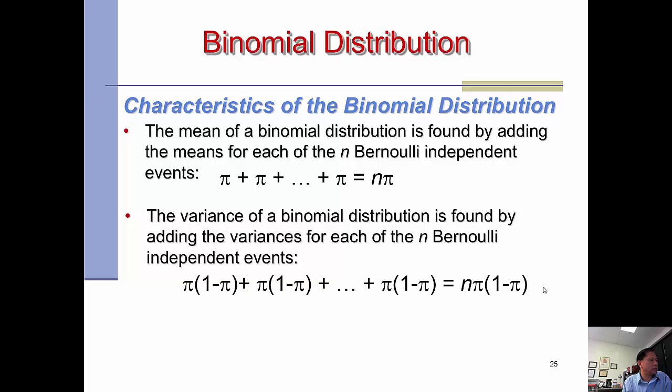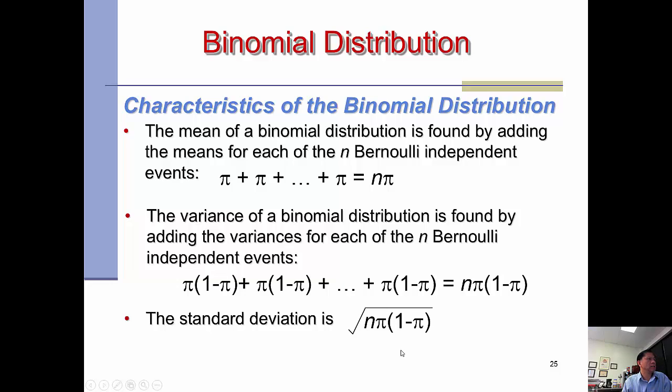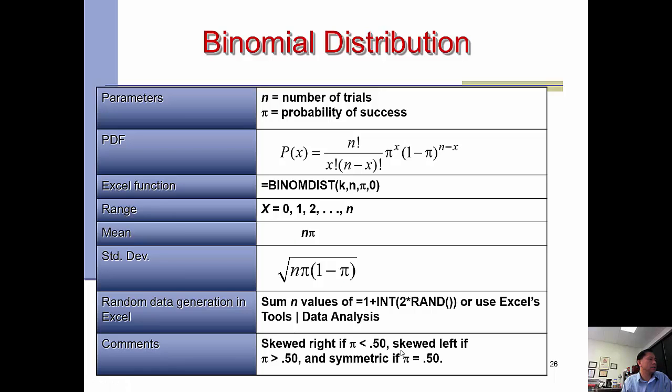The variance is pi times 1 minus pi, plus pi times 1 minus pi, keep adding up all n times. What you get is n times pi times 1 minus pi. That's the variance. And the standard deviation, of course, is just the square root of this. Okay? That's the binomial distribution. This table summarizes all the properties of the binomial distribution.